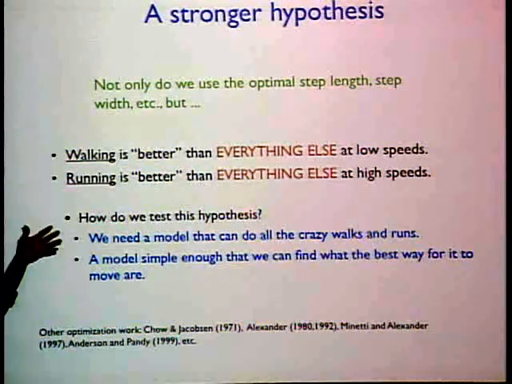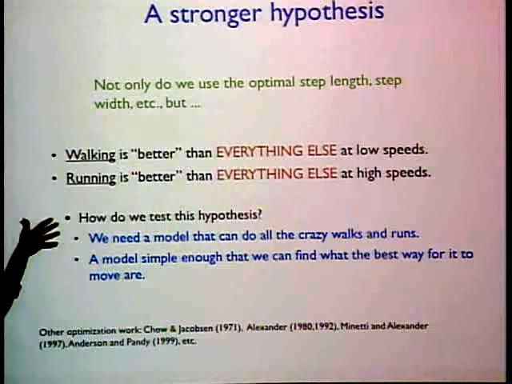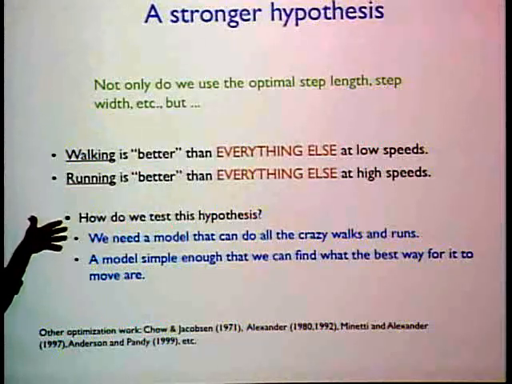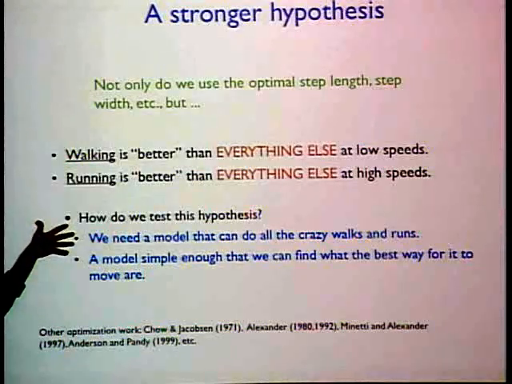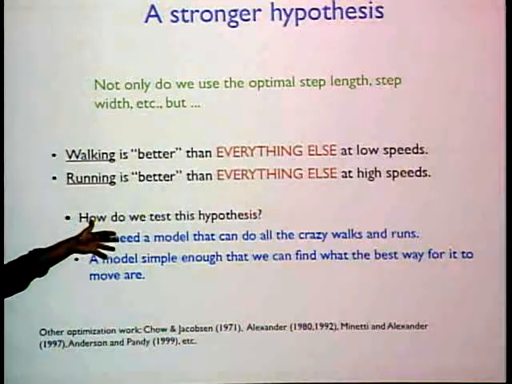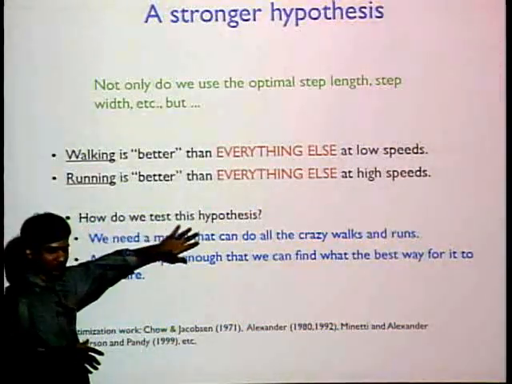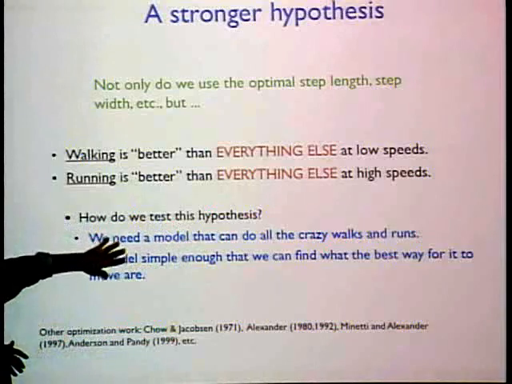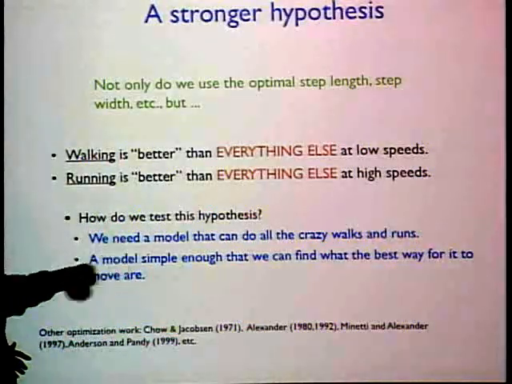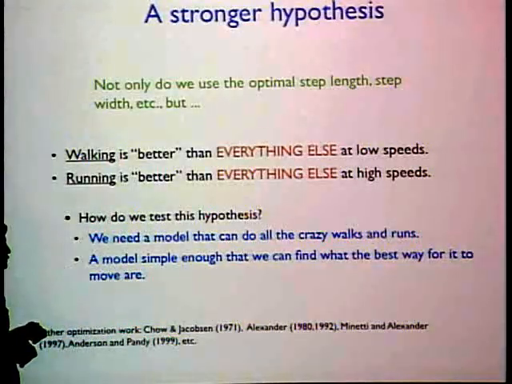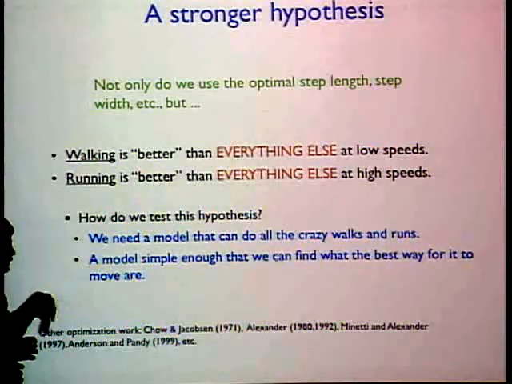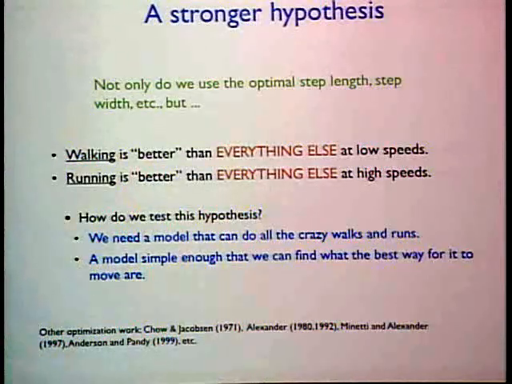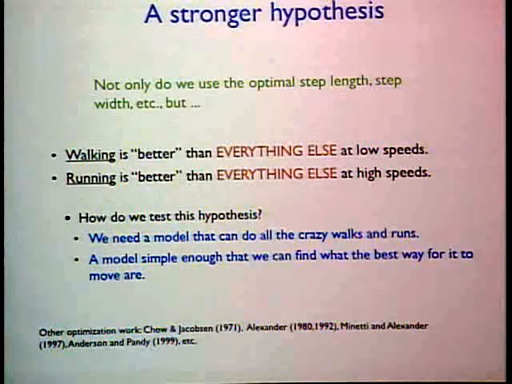And perhaps you can do some of those experiments, and people have done some of those experiments, but maybe a better, more useful way eventually would be to make a mathematical model that is capable of all the crazy walks and runs, and a model simple enough that we can actually find out what the best ways for it to walk and run are, right? So that's what we're going to do very quickly.